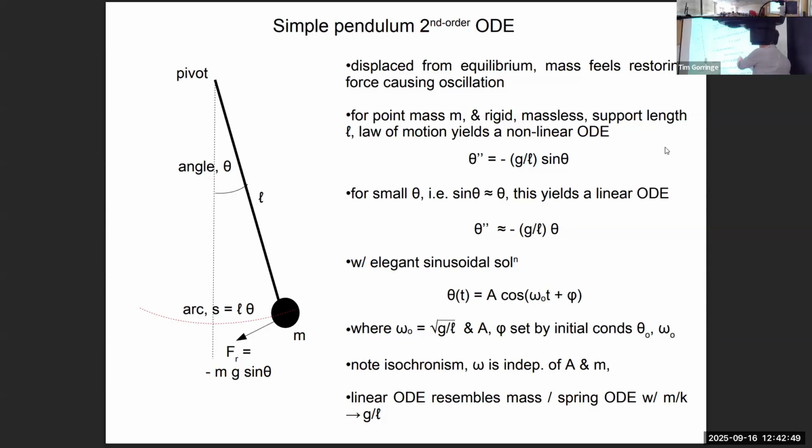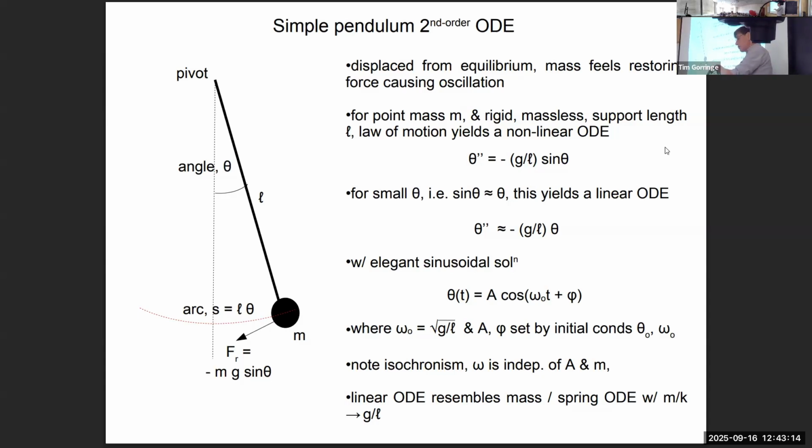So one important point about this, which was Galileo's finding, is that these solutions have the special feature that the period or the frequency is independent of the amplitude, and it's independent of the mass of the pendulum.